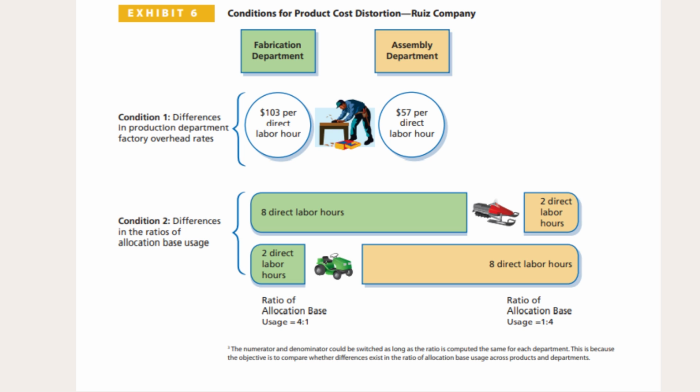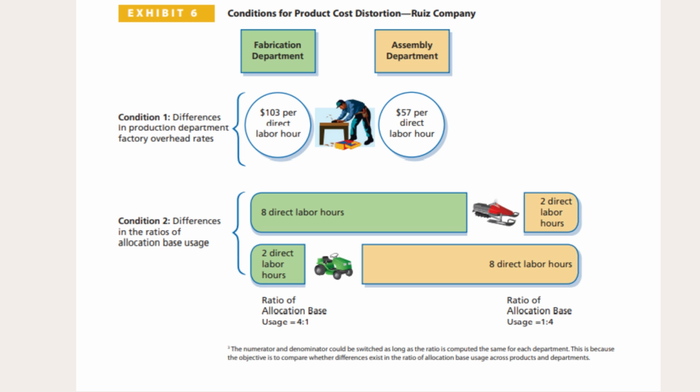We will also calculate the ratio of allocation base usage under the fabrication department and assembly department. Here is the formula. Ratio of allocation based usage in the fabrication department equals direct labor hours for snowmobile, which is 8 hours, over direct labor hours for riding mower, which is 2 hours. We divide 8 hours by 2 hours, so we have 4 is to 1.